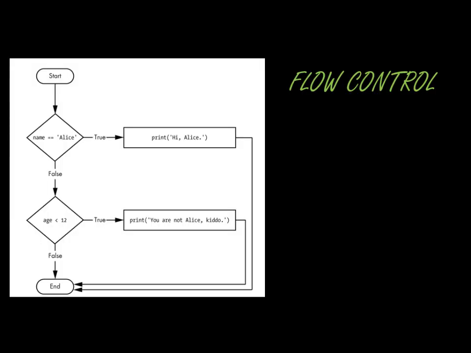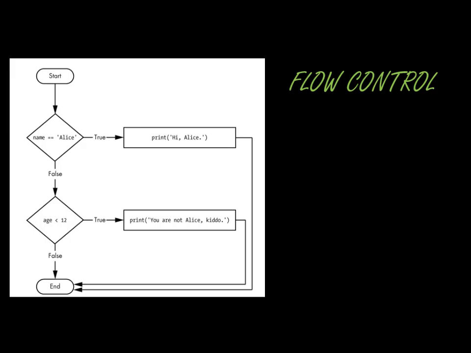A little more detailed in what we look at as a flow control chart, and now we've added another decision point. In this case, is Alice's age less than 12? And you can look at the options on the screen to see what happens. If it's Alice, we print hi Alice.